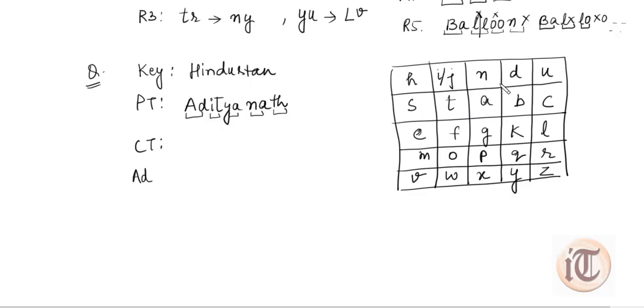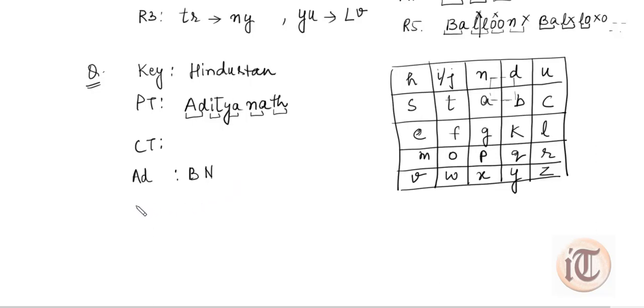This means rule 3: they are neither in the same row nor in the same column, so we take the intersection point. For A in the same row, the ciphertext will be B, and for D in its row, the letter will be N. The ciphertext is always written in uppercase, so we take it as B and N.